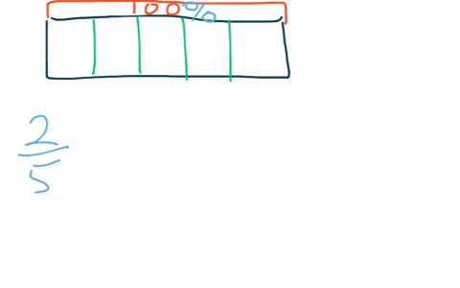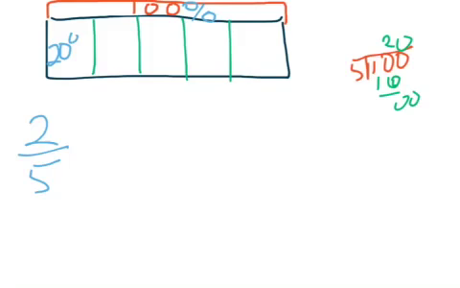So if all 5 sections add up to 100%, then basically we need to divide 100 by 5, and when we do that, we're going to get 20. So each section is worth 20%.